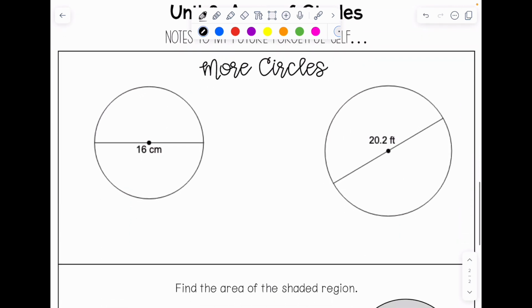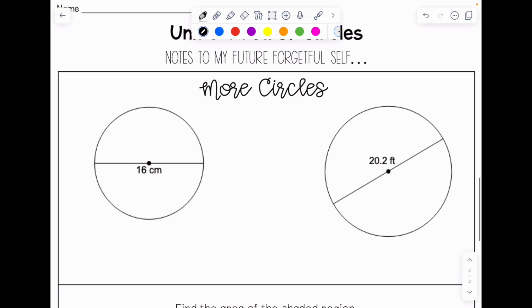So let's look at a couple of other examples. When I look at these circles, if I want the area of these, I'm going to write out my formula. And again, we need to know our radius. The difference here is that on these circles, I actually have the diameter. In this case, 16 centimeters is my diameter, so I need to know what the radius is. If 16 is my diameter, my radius is half of that, so my radius is 8 centimeters.